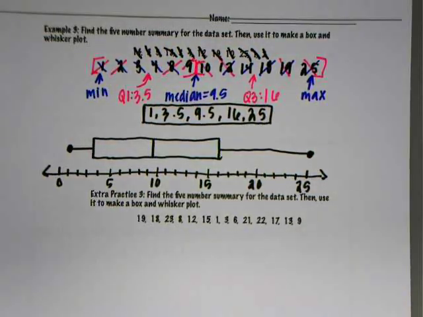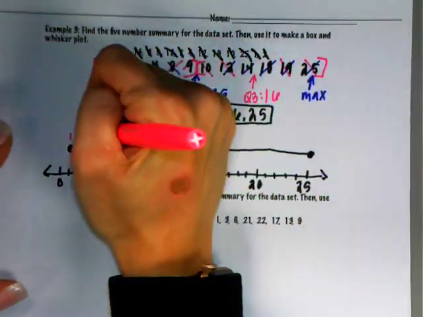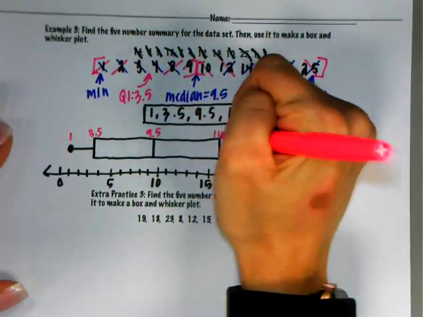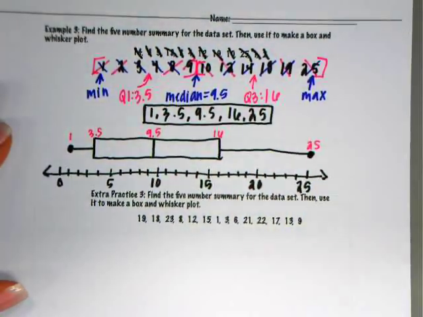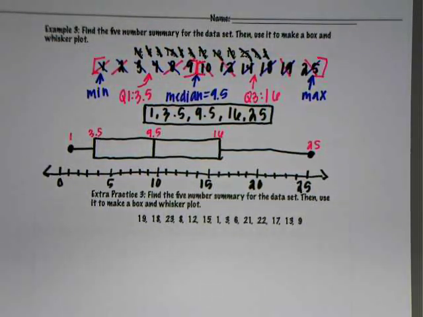Got it? So this is at 1, this is at 3.5, this is at 9.5, this is at 16, and this is at 25. You don't have to write those numbers if you're making one, but just for your notes so you know how we did that. Make sense? Okay, go ahead and try the next one.